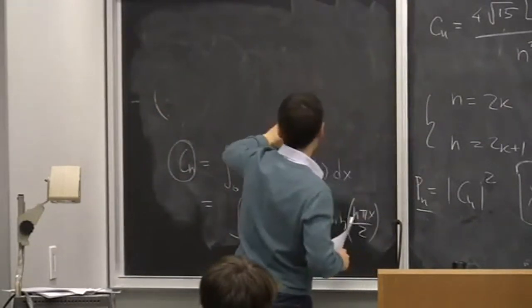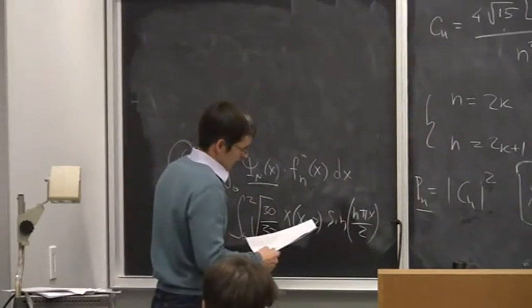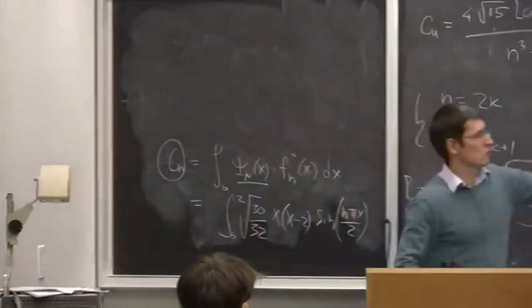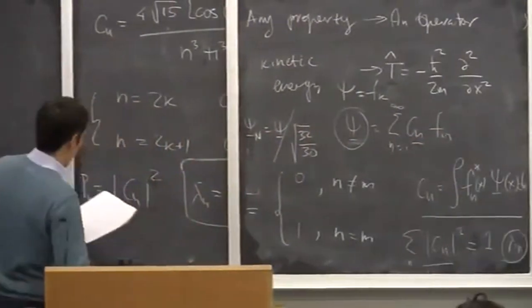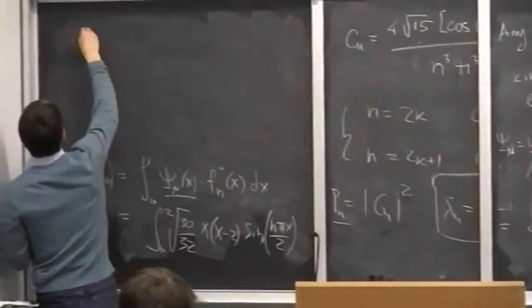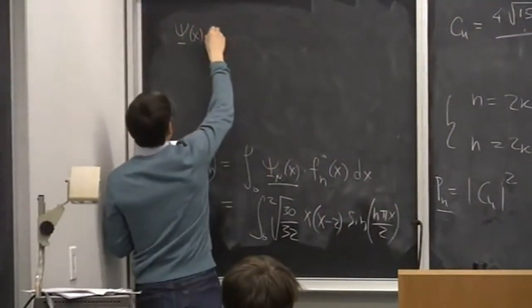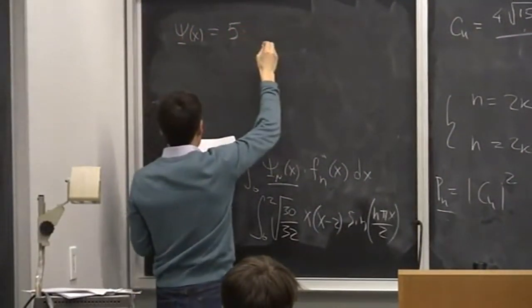The function you are given, say it's still about kinetic energy, the f's are still the ones that are given, but let me change the function of the system. The function of the system, say, is given as an expansion.